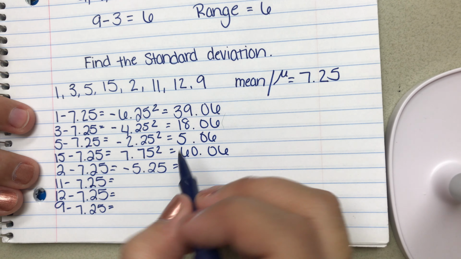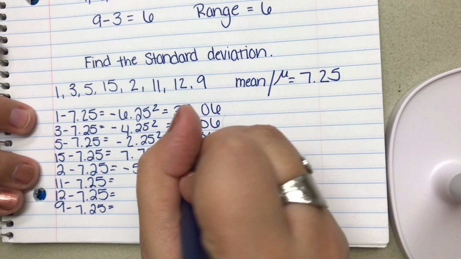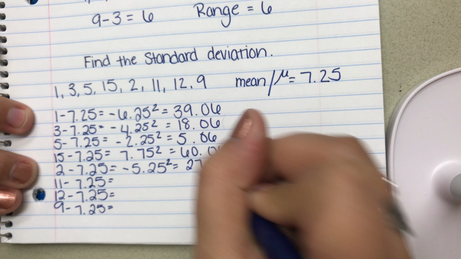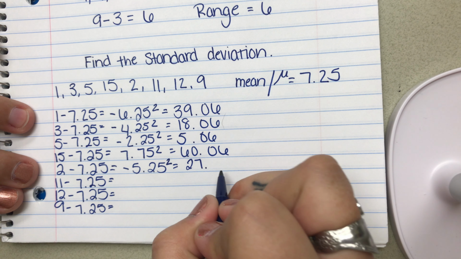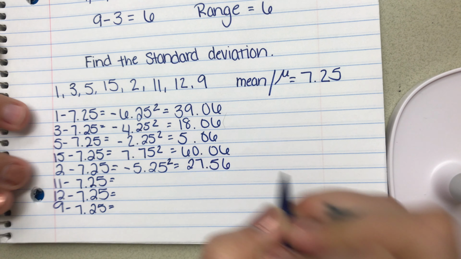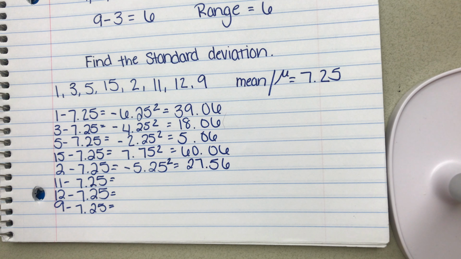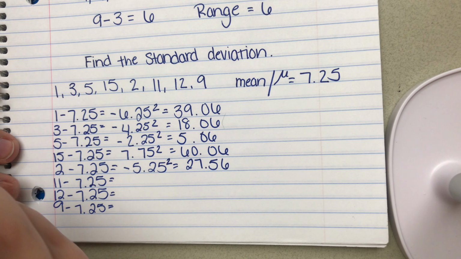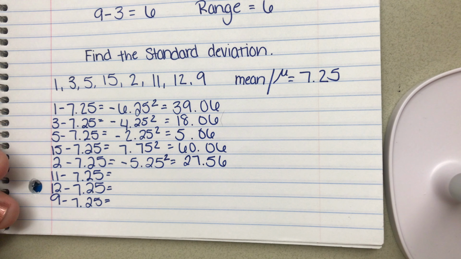Square that, and that is 27.56. Interesting. All right, we're going to clear that.